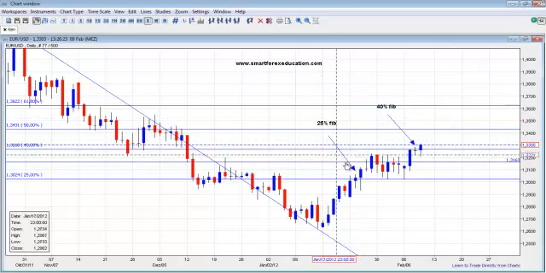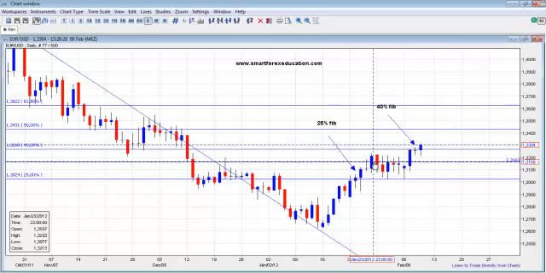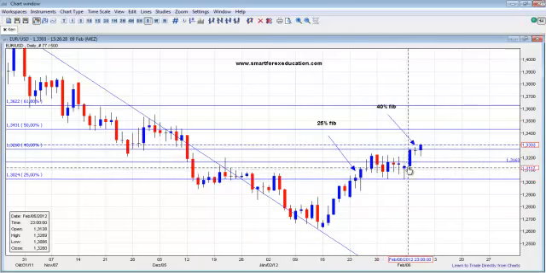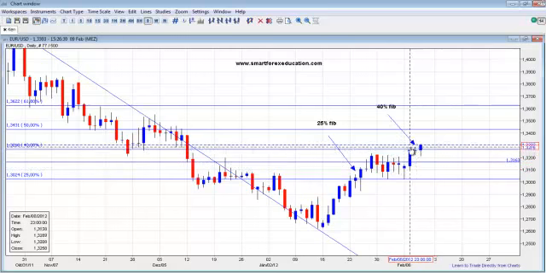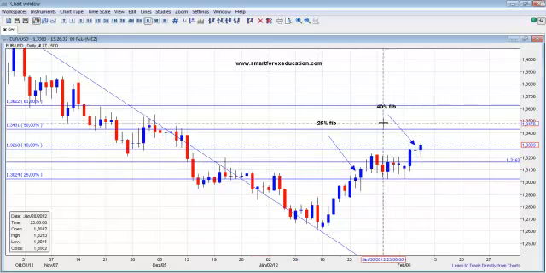What we've seen here is that at 25% it bounced, it tested the support level, with a nice couple of opportunities to the upside. Now it's holding slightly above the 40% level.